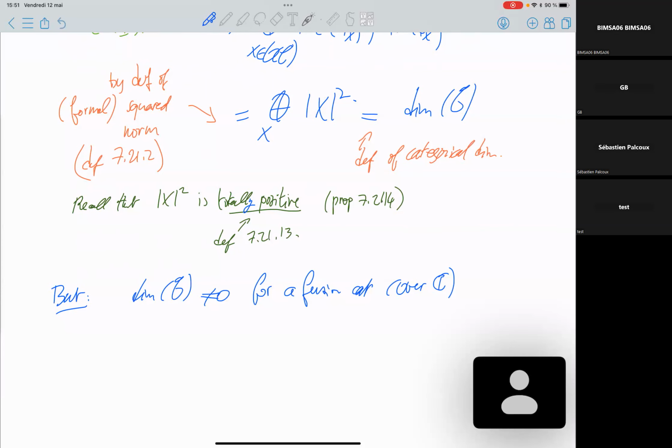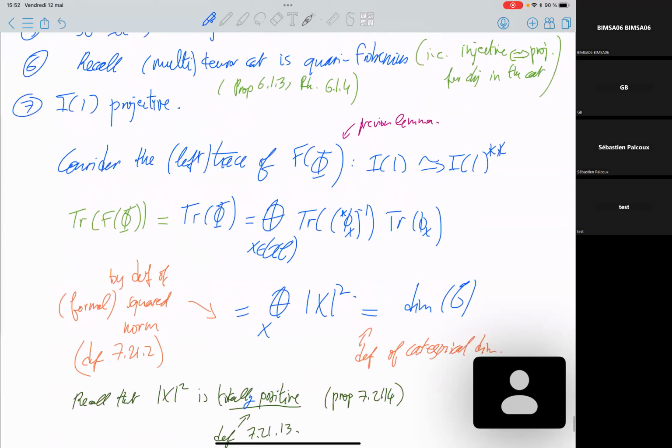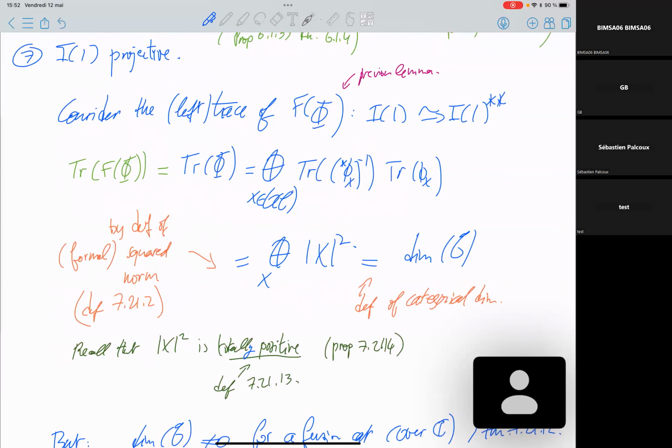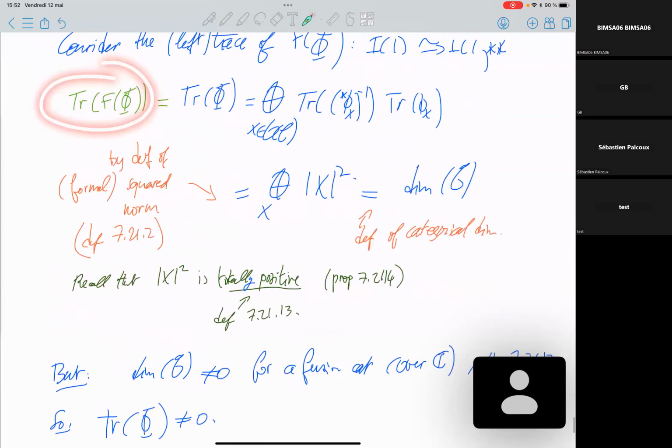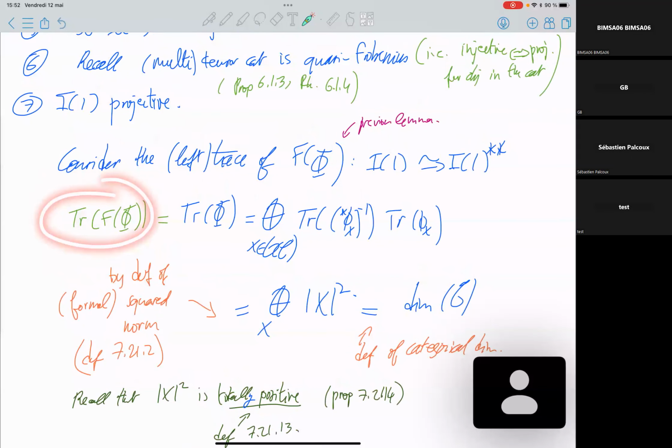So this is the book theorem 7.21.12. So the trace of phi is non-zero. In particular, this trace is non-zero. So you have an isomorphism between I1 and its double dual with a non-zero trace.